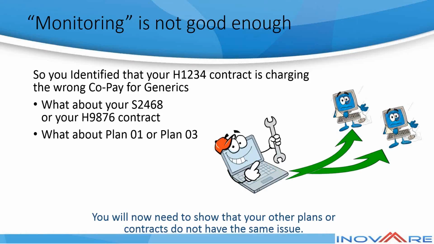If so, how many members were affected by that? What information did you have to provide? What information is being sent out to the members to ensure that the correction has taken place and the members are not adversely affected over the long term of this? You're now going to need to know and show that the other plans that you're responsible for do not have the same issue, and that if they did, what remediation has taken place for those plans, even if it's outside of the audit elements.